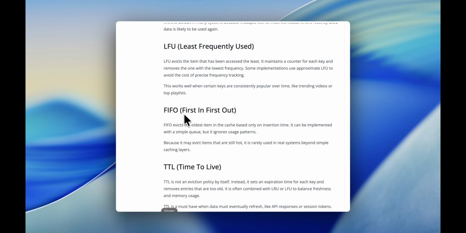First in first out removes the oldest item in the cache. It can be implemented with a simple queue, but it ignores usage pattern.